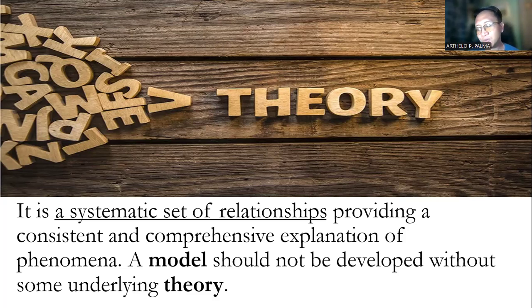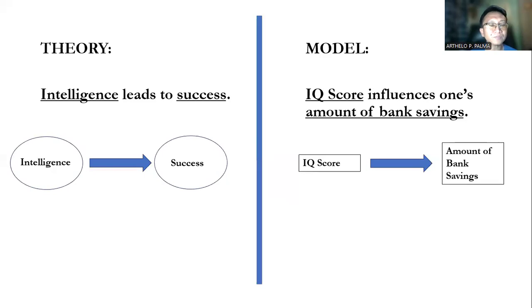So I'll show you some illustration on why it's important that we start with the theory. Suppose you have a theory that says intelligence leads to success. So take note that here, intelligence affects success. Suppose there's a theory that says that intelligence leads to success.